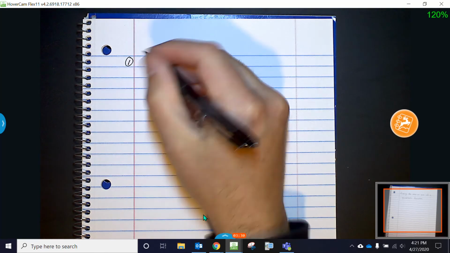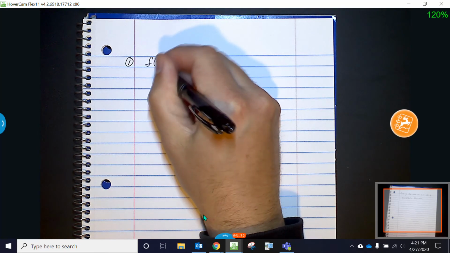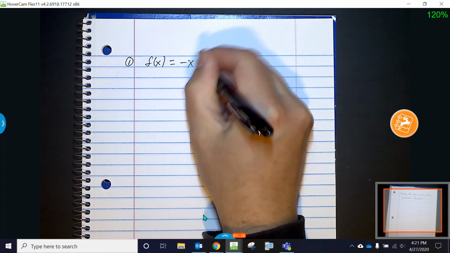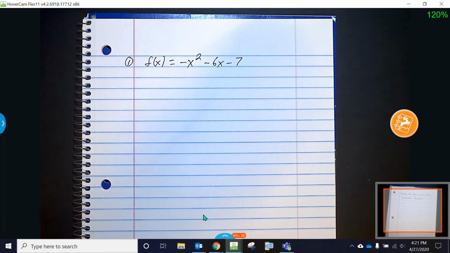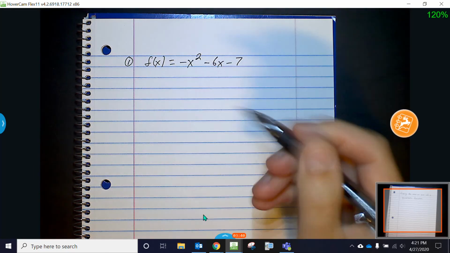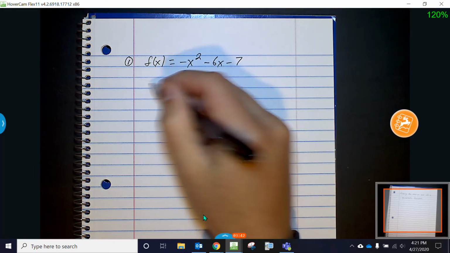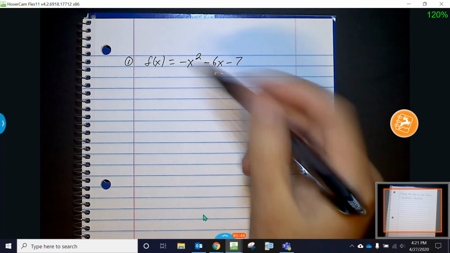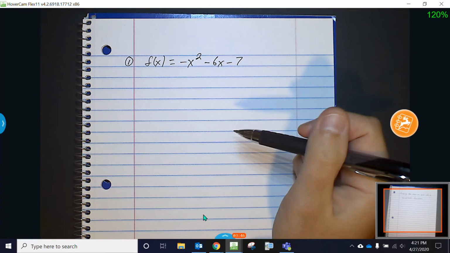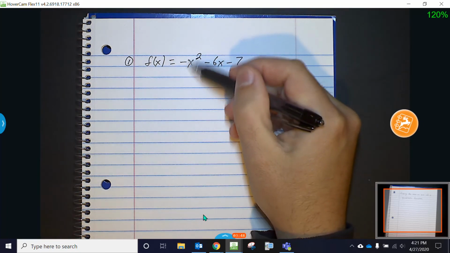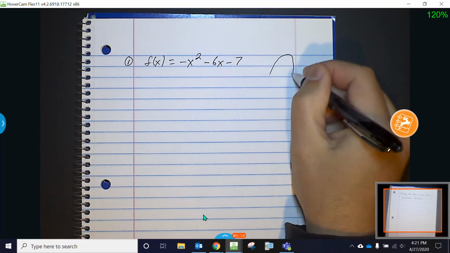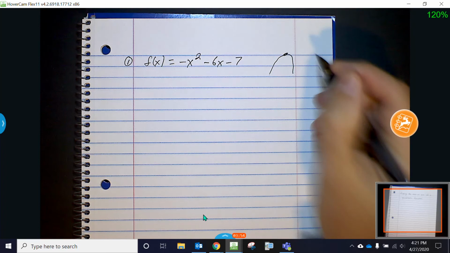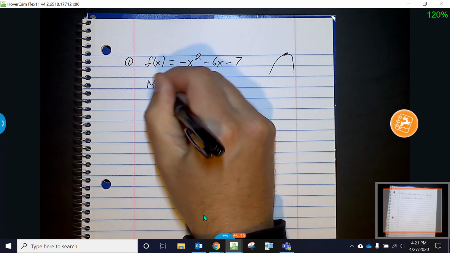So number 1, f of x equals negative x squared minus 6x minus 7. All I have to really do is find the vertex. First of all, is it a min or a max? There's a negative 1 in front, so it opens down, so the picture looks something like this, opens down, so the vertex is a max.